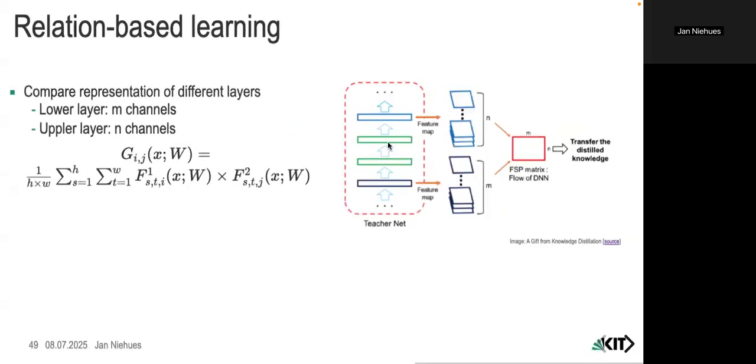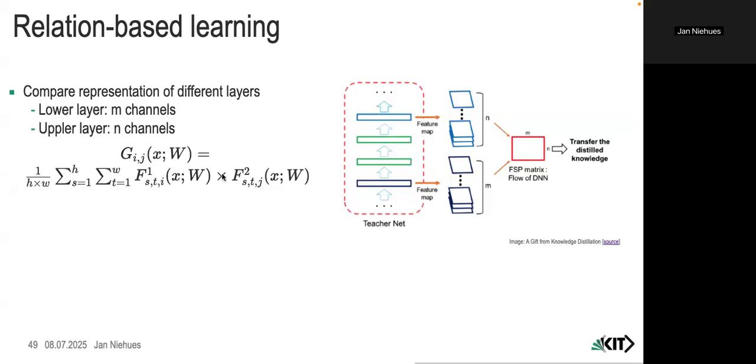How is that done? In this work, they define the interaction between the layers I and J as follows: you look at the activation of the one layer and the activation of the other layer, and sum over all positions. This time, it's only based on your hidden states in both, and you're averaging over all positions.